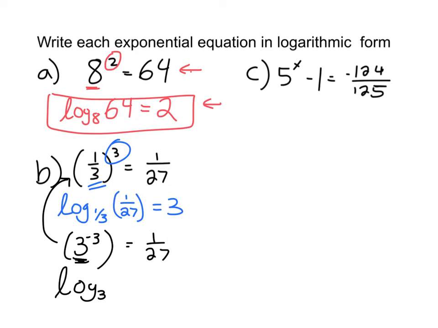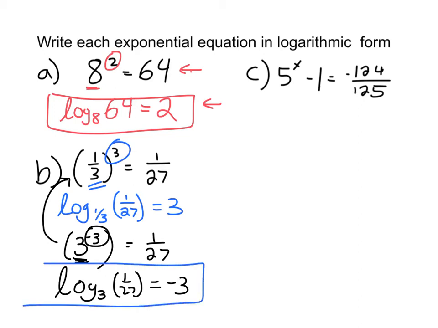Before it was 1/3, so that's basically the change. Okay, so now the base is 3, and this 1/27 is still there, and this equals the exponent, which is negative 3. Okay, so if you were to write this in this form or in this form, they're both equivalent. All right, let's go ahead and move on to the last example.